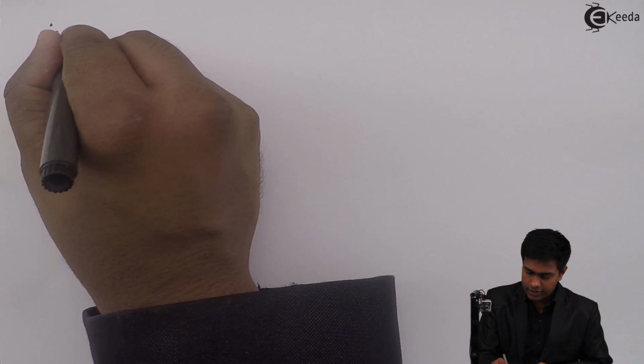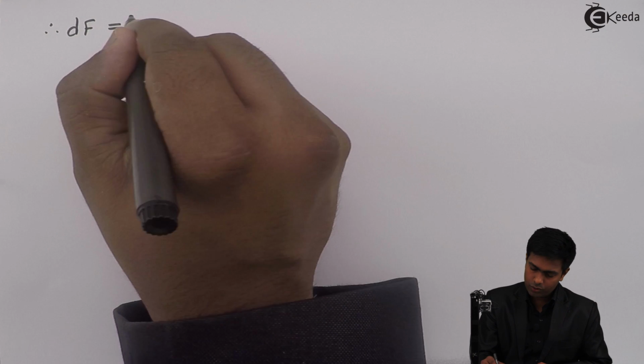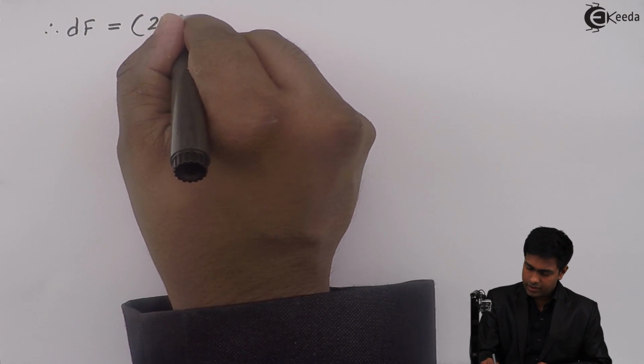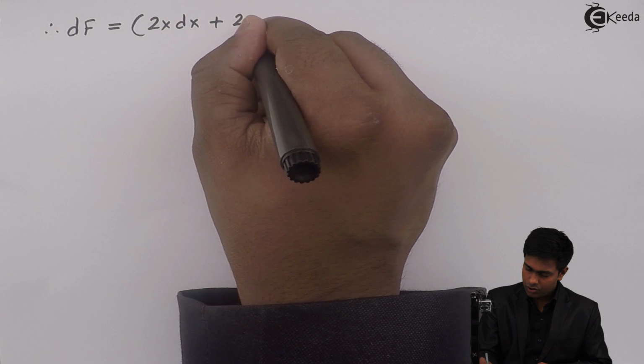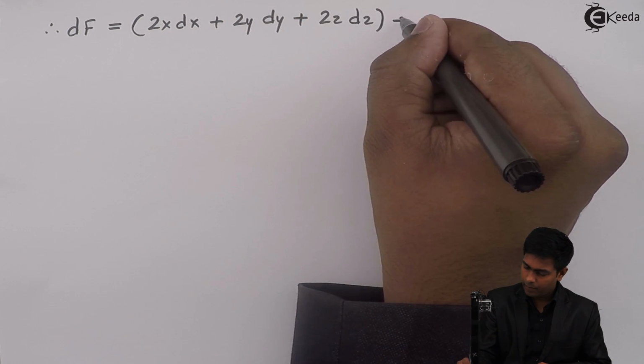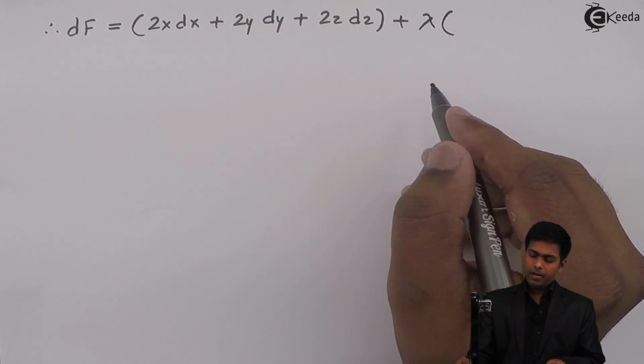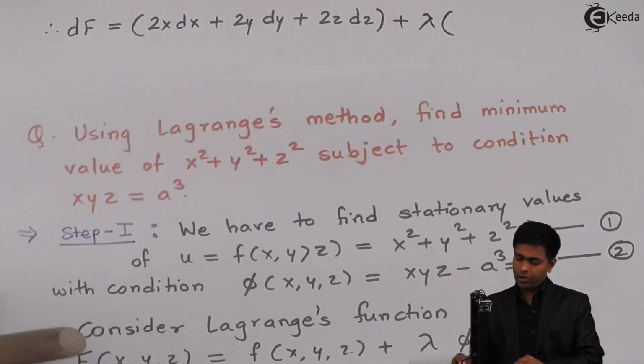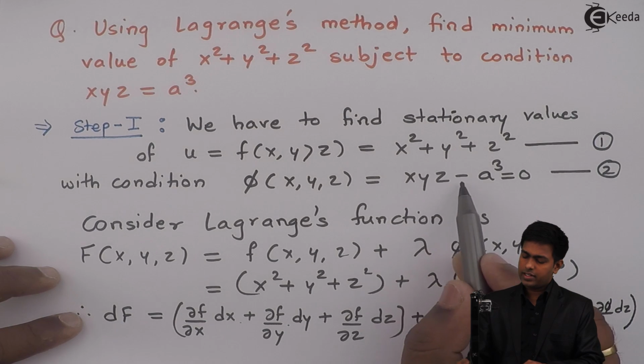So therefore dF is equal to 2x dx plus 2y dy plus 2z dz plus lambda, and the value of phi is xyz minus a cube.